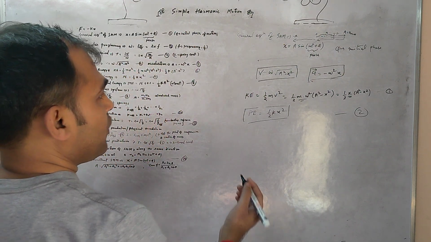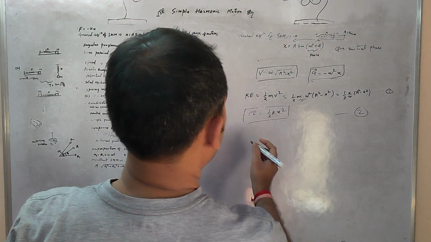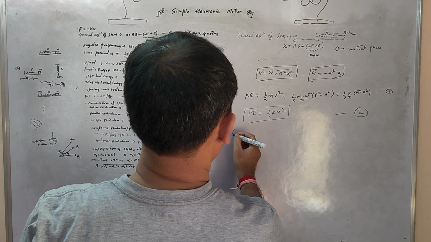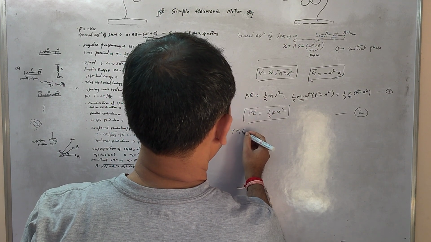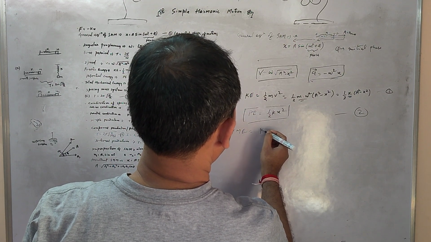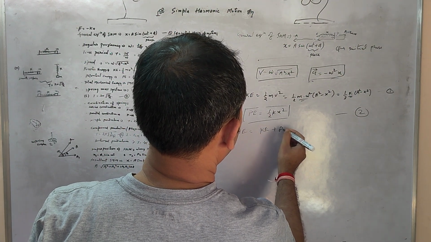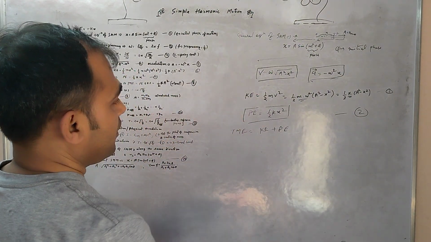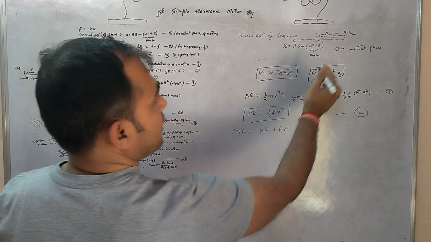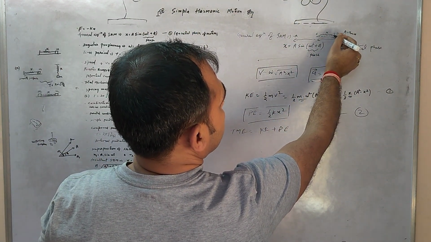So what will be the total mechanical energy? That will be kinetic energy plus potential energy, the total mechanical energy at any general point x.